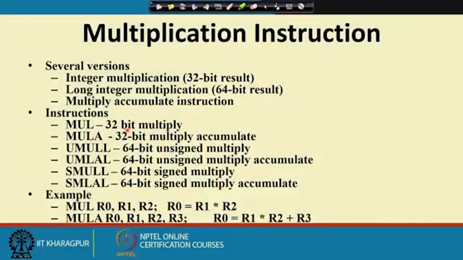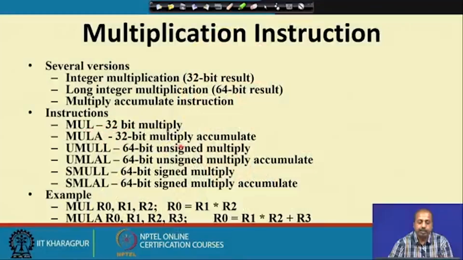The instructions are MUL for 32-bit multiplication, MULA for 32-bit multiply accumulate, and then UMULL, which is a 64-bit unsigned multiply. The second L is for long and the U is for unsigned.